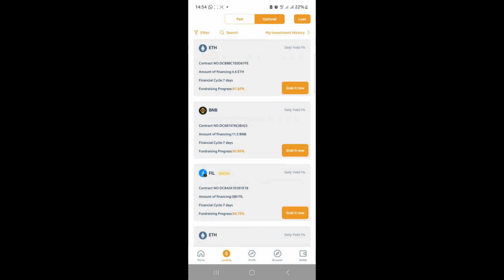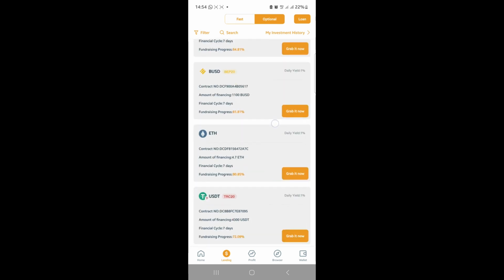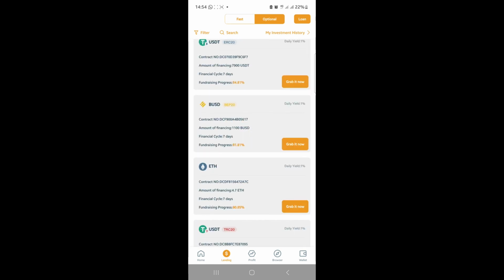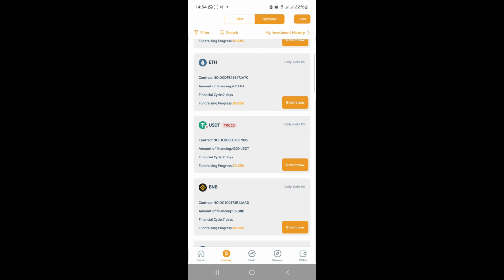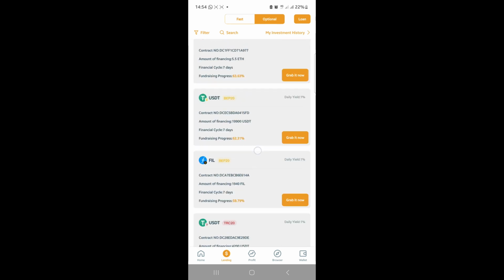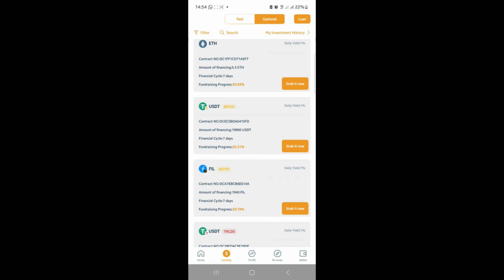So it's like that. If you go all the way down, you will see this person wants to borrow 1,100 BUSD and only 81.81% is filled up to now. If you go for this TRC20 USDT, only 72.09% is filled. This guy wants 4,300 USDT. If you go for BEP20 USDT, these guys need 19,900 USDT, but only 62.31% is filled.